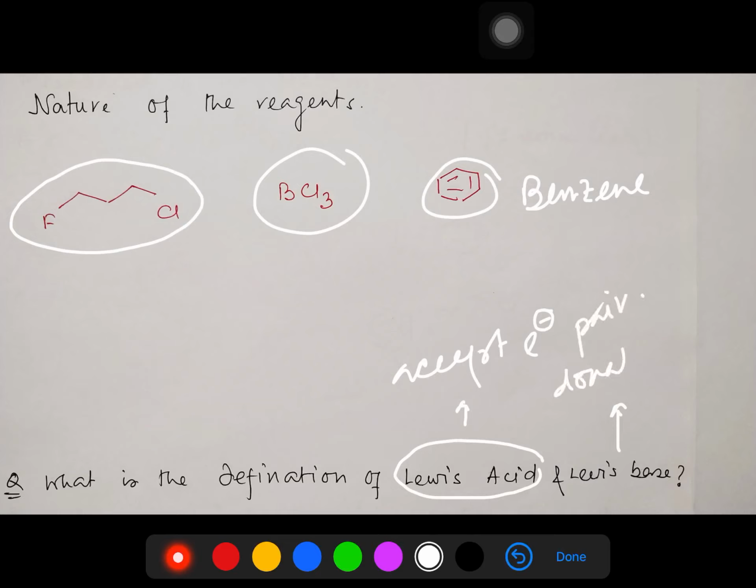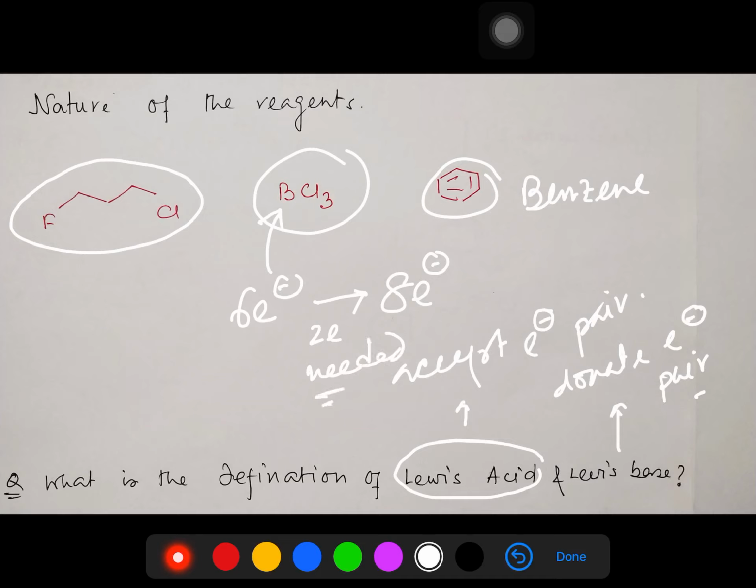Look at boron in BCl3: the outermost valence shell of boron has 3 electrons and it is attached to 3 chlorines, so it has 6 electrons, but for stabilization it needs 8, so 2 electrons are needed. That is the reason for its reactivity as a Lewis acid, which you will understand in the next step.